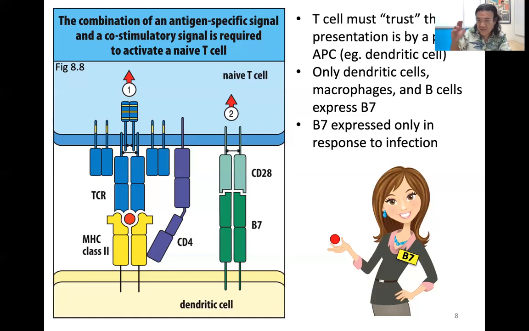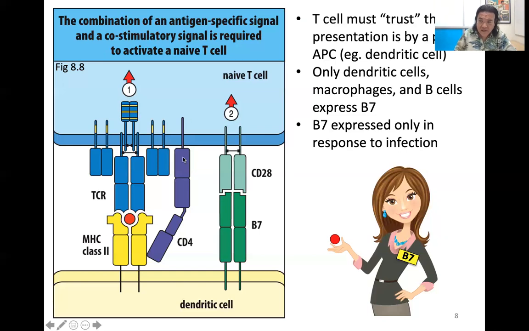But only professional APCs like dendritic cells or macrophages or B cells express MHC2, because that's their job. Their job is to pass on a message that they found something, not that they themselves are infected by it.